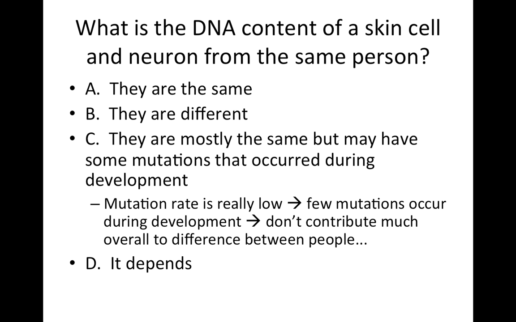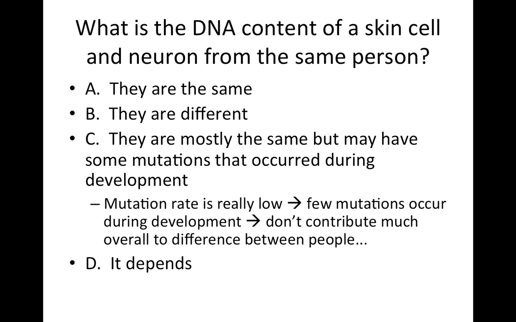And the reason is that, relative to the differences between people, right? If we're talking about a DNA difference between you and me, or a phenotypic difference, lactase intolerance or whatever it is between you and me, it's probably not going to be due to these mutations.